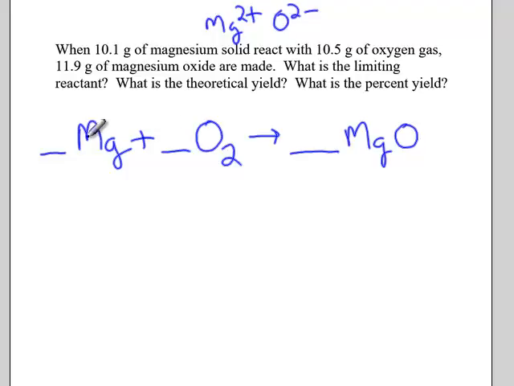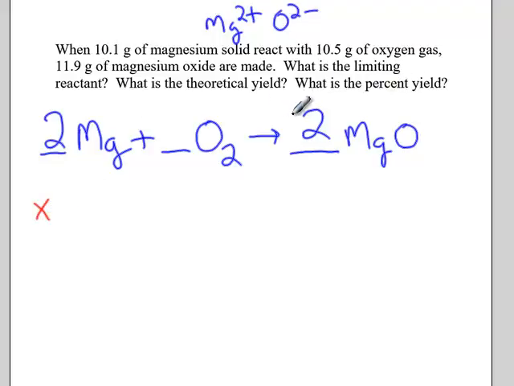If you have a word equation like this that you translate into formulas and it's impossible to balance, double check your original formulas. So if we want to balance this, the magnesium's balanced. We need 2 oxygens, which is going to throw off the magnesium, so I need a coefficient of 2 on the left. Now that we have all of the equation written out, then we can calculate.